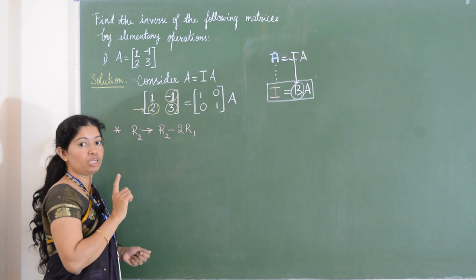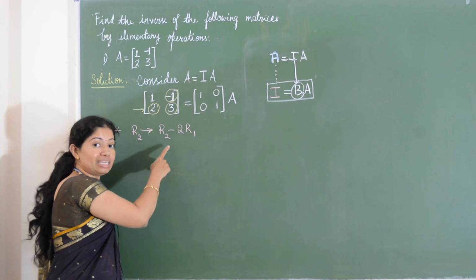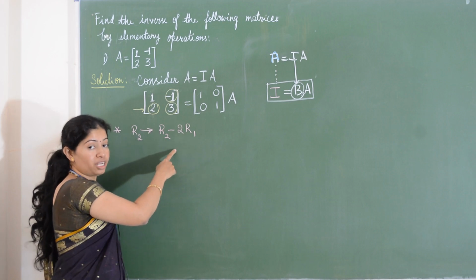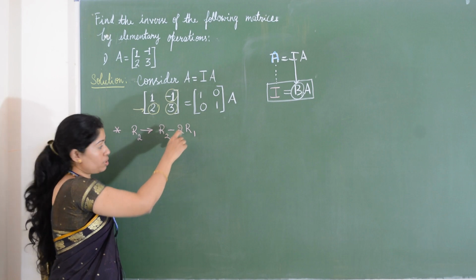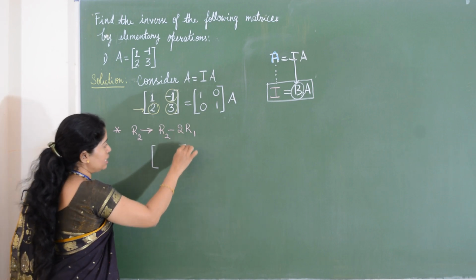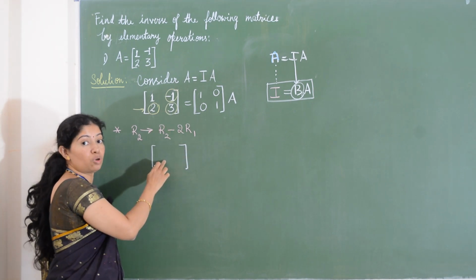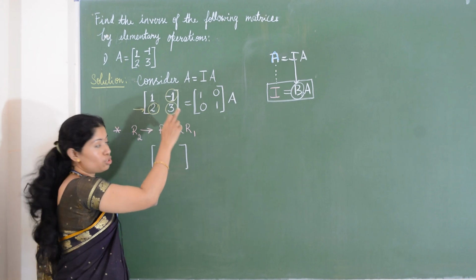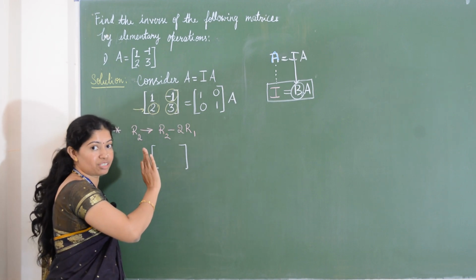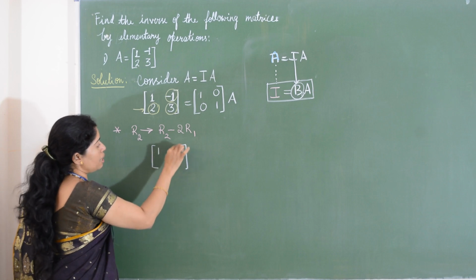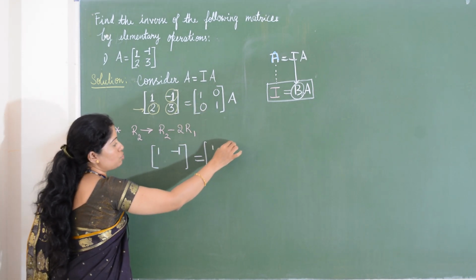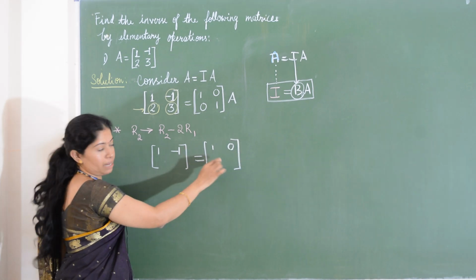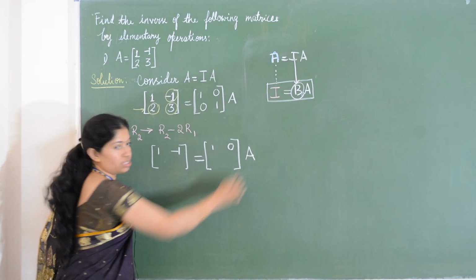And one more thing you need to remember, when you are applying this elementary operation, you should apply it to both the sides of this equation. Okay, so I will write this matrix. As we don't apply any operation to the first row, you write the entries of first row as it is. 1 minus 1 is equal to, here also first row entry will remain the same. Then write this A as it is.